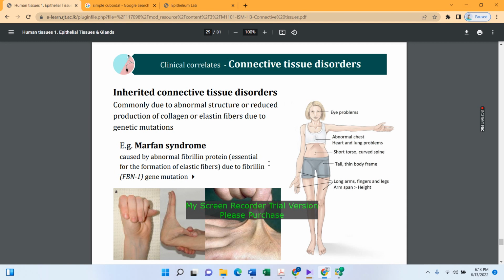Because of that, production of elastic fibers is not enough. The result is a short torso and curved spine, a tall thin body frame with long arms, fingers and legs, an abnormal chest, heart problems, and eye problems.